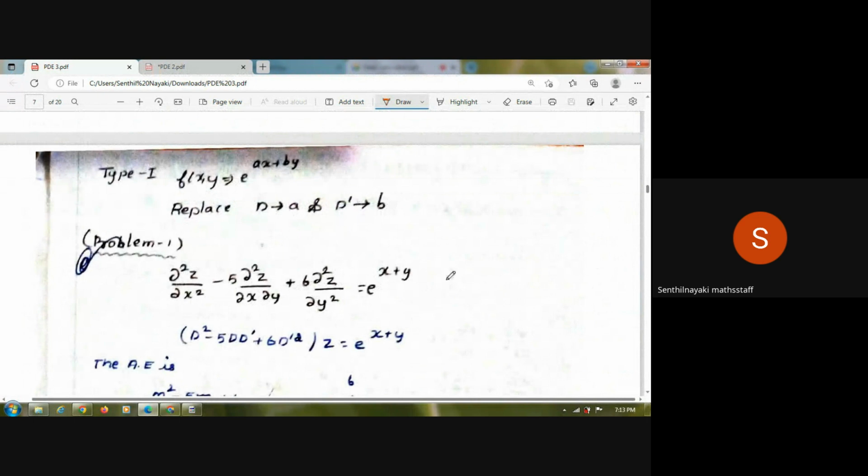D is dou by dou x, the partial derivative with respect to x. What about D dash? D dash means the partial derivative with respect to y. It is a notation, not a derivative.